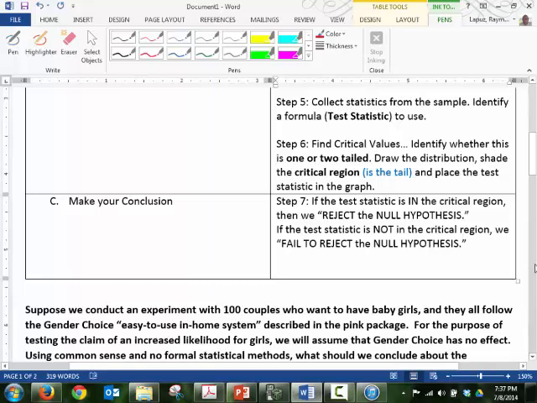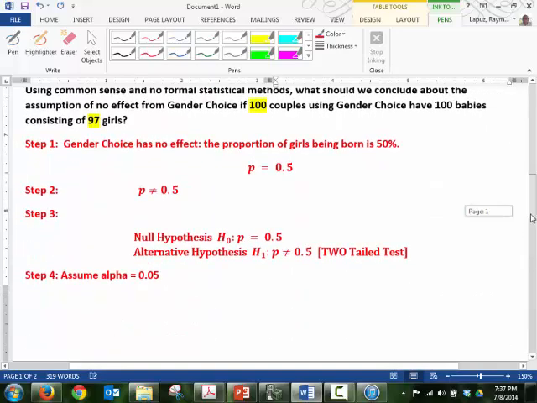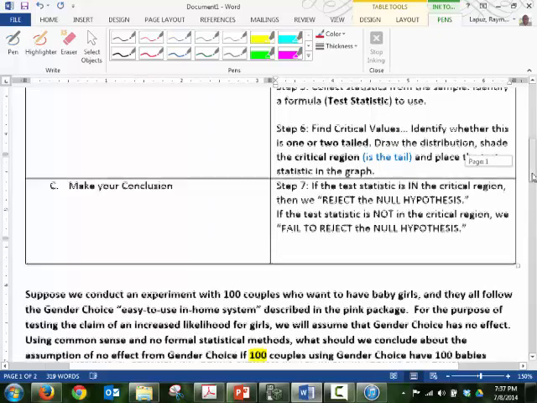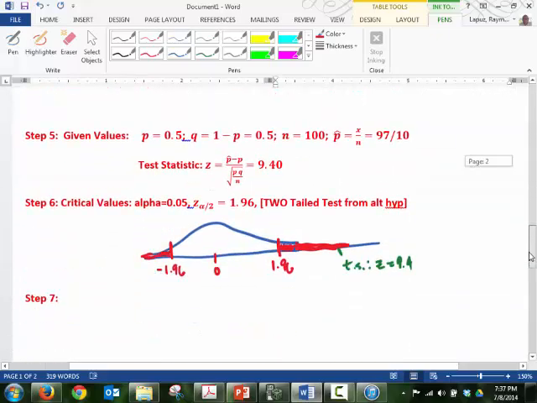In our case, yes? So say that our test statistic got a number between negative 1.96 and 1.96. If it was within that, would that not be in the conclusion? Correct.